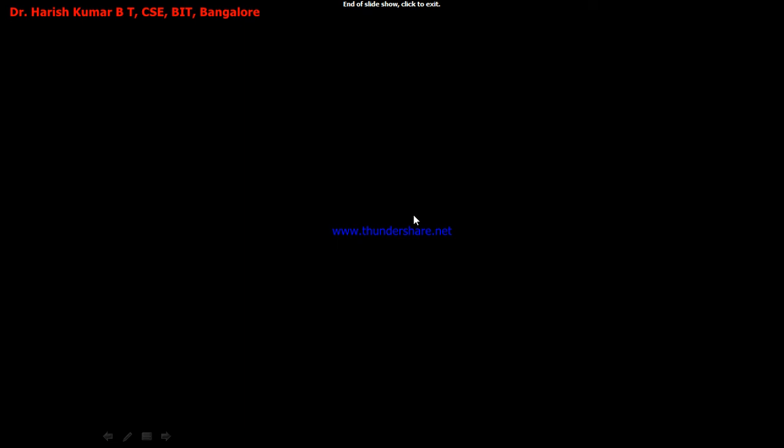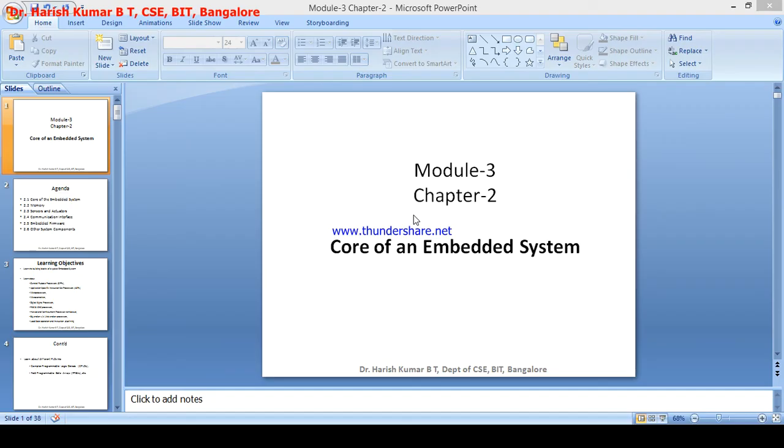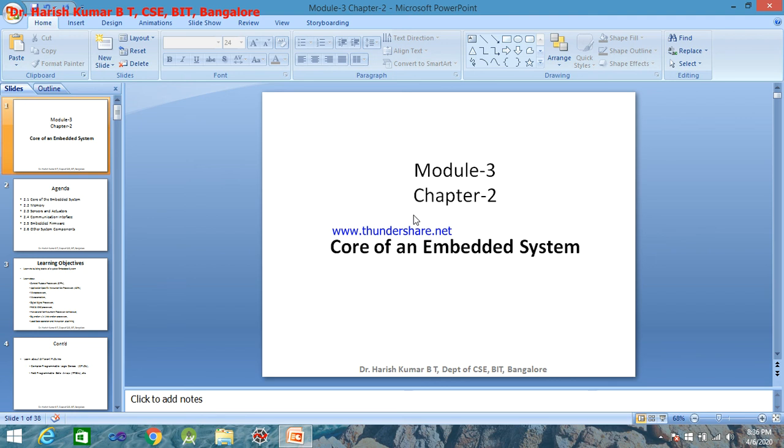Now, that's the end. In today's session, you understood the cores that can be used in an embedded system, starting from the microprocessor, microcontroller, and then application specific integrated circuits, ASIC, and ASSP, application specific standard products, which is a non-proprietary product, whereas ASIC is a proprietary product which can be sold only to a particular customer and cannot be sold in the open market.